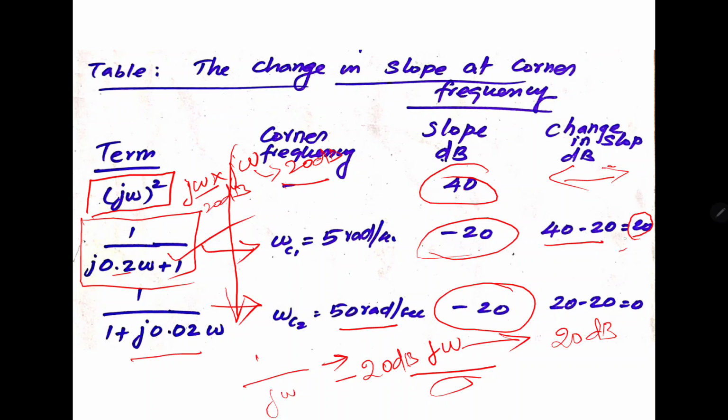This is the new slope. When we move from omega c1 to omega c2, there is again a change in slope, because the minus 20 dB slope changes to plus 20. At omega c2 we add 20 and minus 20, so 20 minus 20 is 0. This is the change in slope related to the corner frequencies.